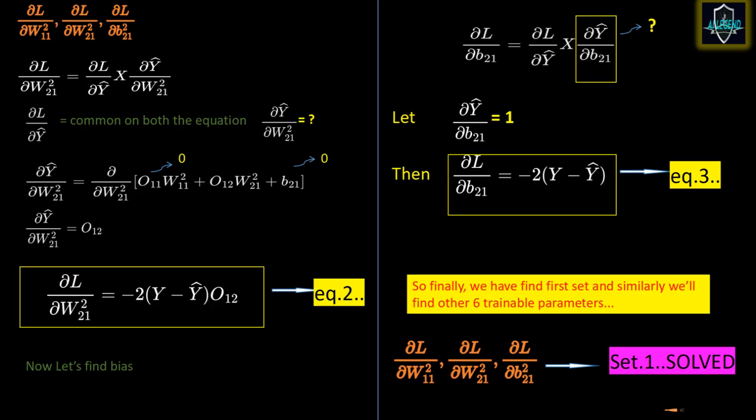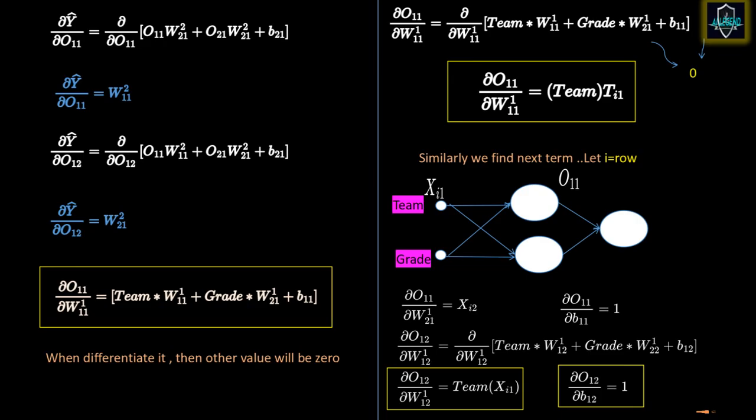So if we find the first set, it has the formula written above. Del y hat over del O11 is equal to del over del O11 of the expression inside the square bracket like before: W211 multiplied by O11 plus W221 multiplied by O21 plus B21.